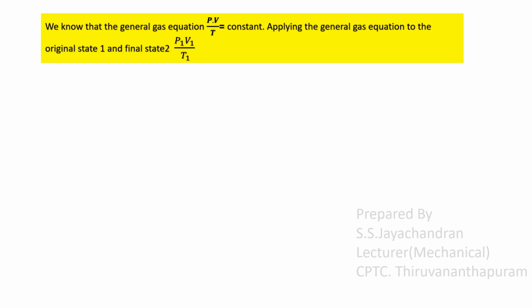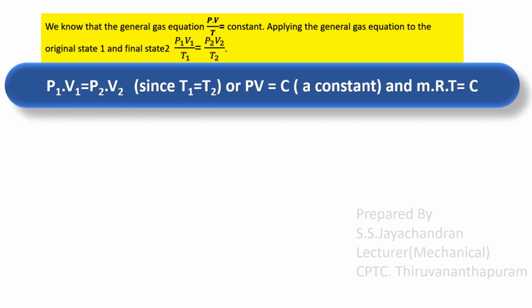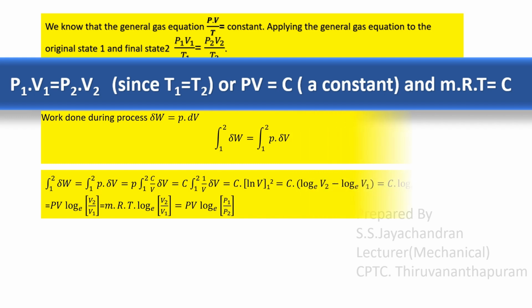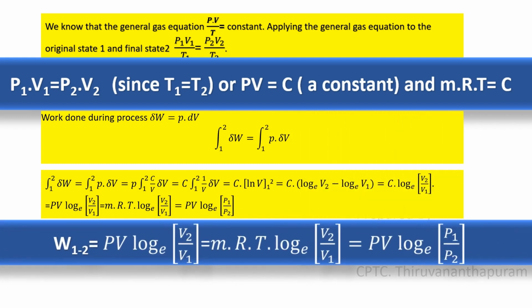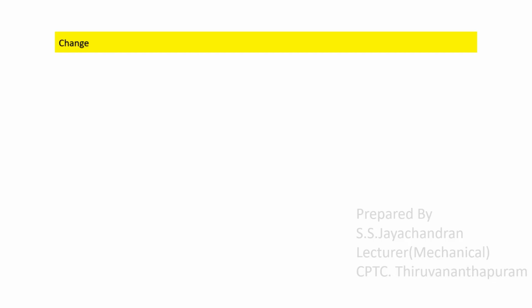The governing equation for the isothermal process is PV equals a constant. For a process 1 to 2, P1V1 equals P2V2.